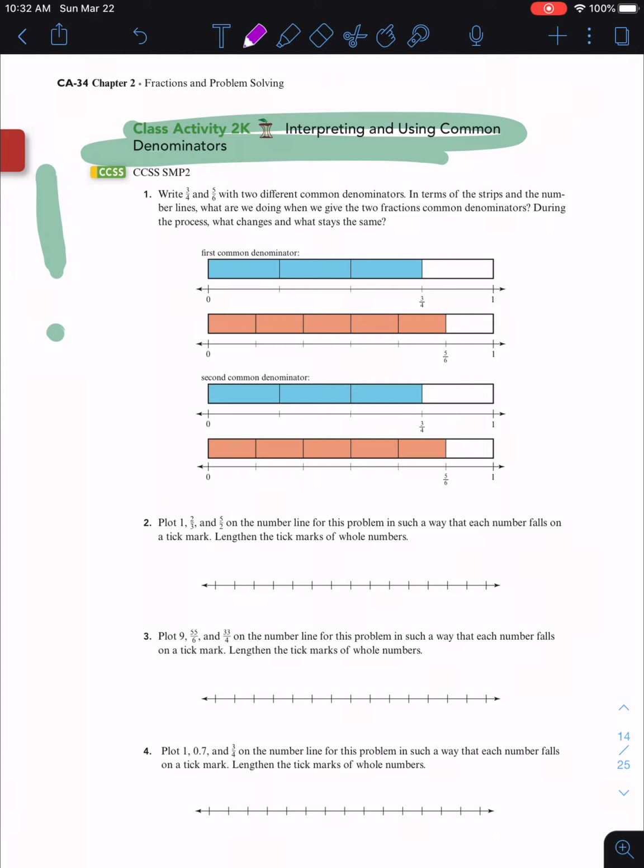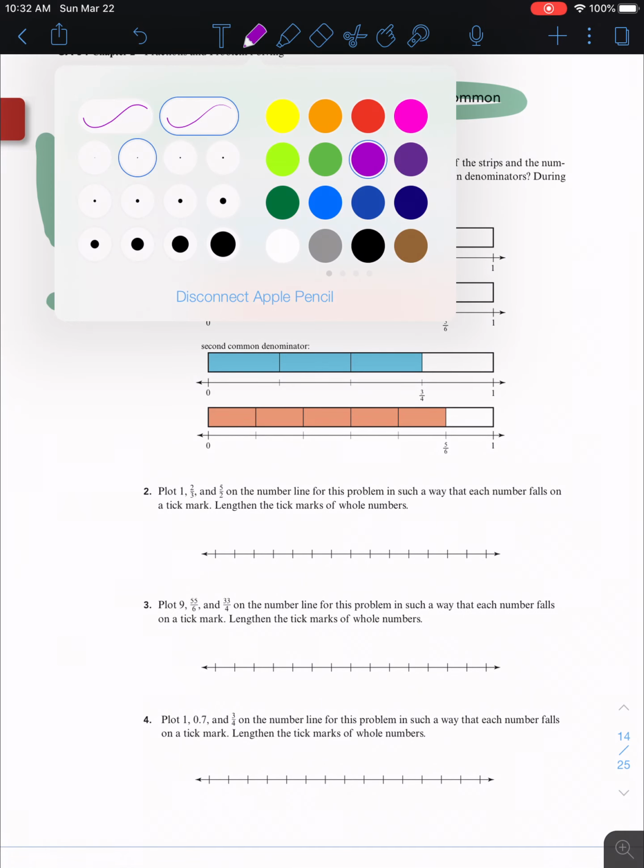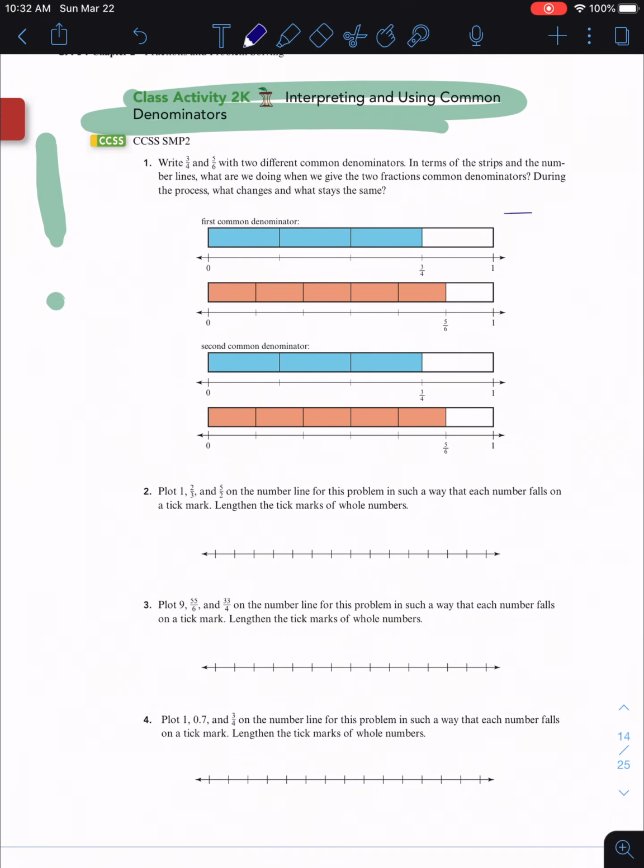So for example, let's take a look at our first setup. We're asked to compare 3/4 and 5/6. Now, notice that in quarters, when we have 3/4, these are the size of pieces.